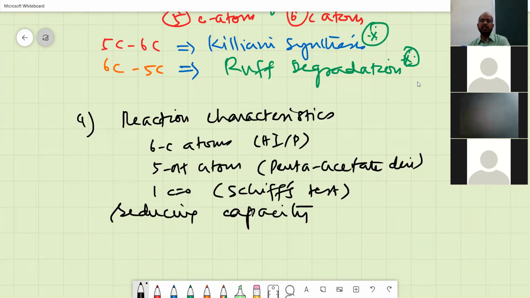These are all certain reaction characteristics we have to see, and then we have to see reduction and oxidation.